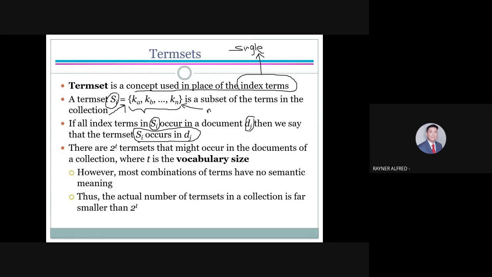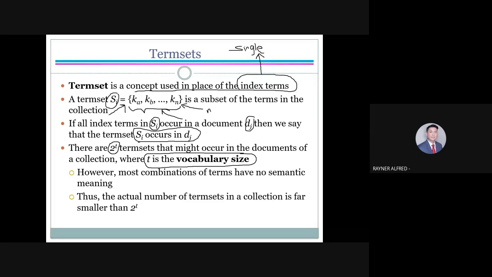Okay. But when we think about the combinations of terms that we have, it depends on the number of unique words in our vocabulary. If we have T number of vocabulary, that means we have a combination of 2 to the power of T. So this is quite a big number.